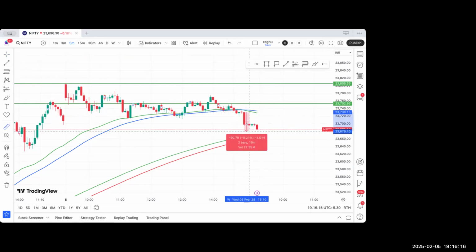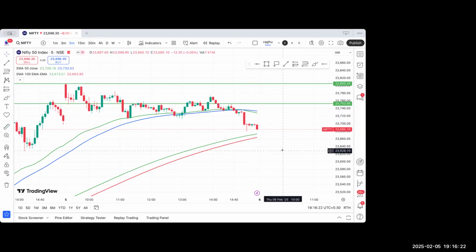Let me check. Yeah, around 53 points drop came. But you can't trade this. But this was a confirmation: Nifty or a stock is moving towards moving average 100 to take a support in intraday levels.